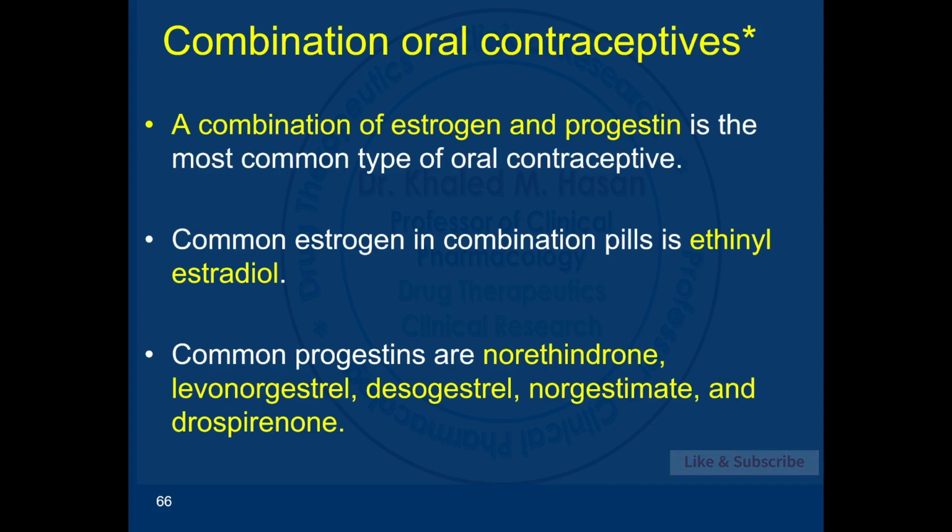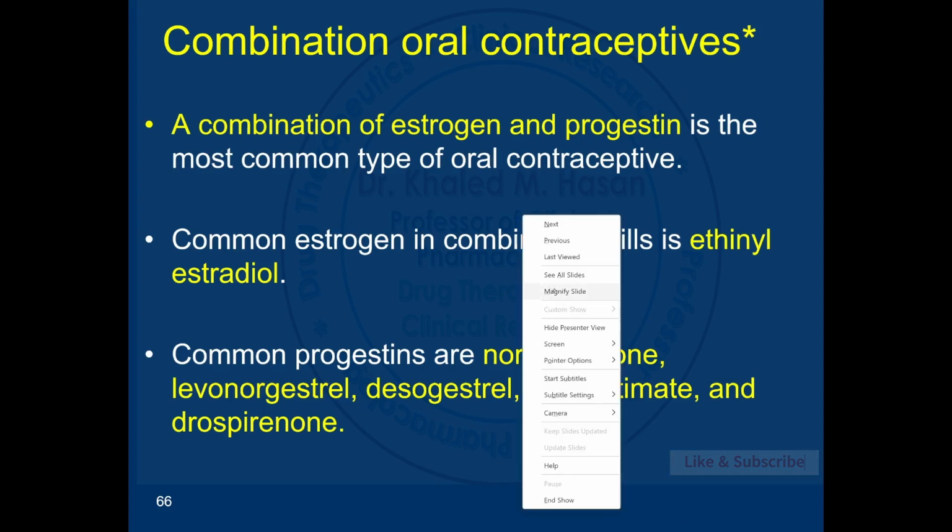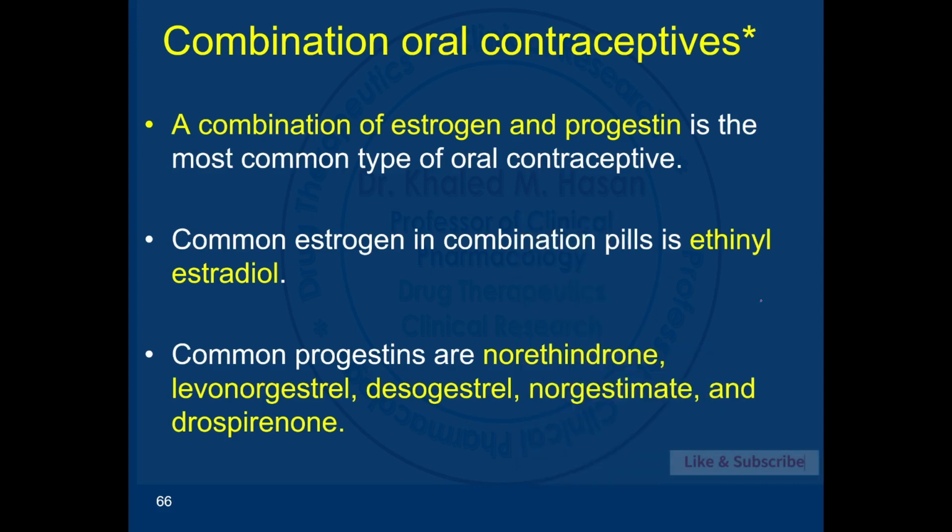What type of combination do we have in the oral contraceptive tablet? Again, let me change the pointer to the pen. As you can see here, we have a combination of estrogen and progesterone. The most common estrogen in the combination is ethinyl estradiol.